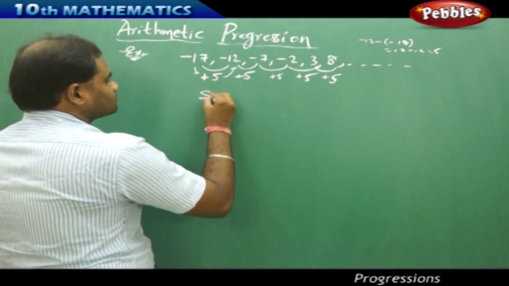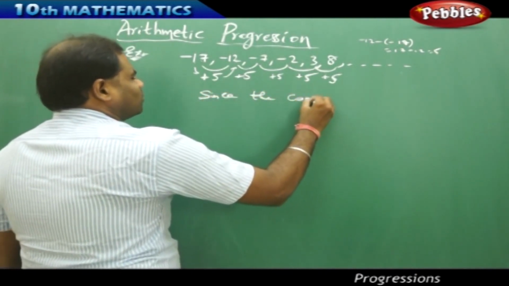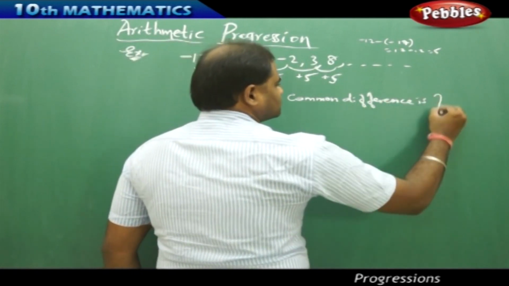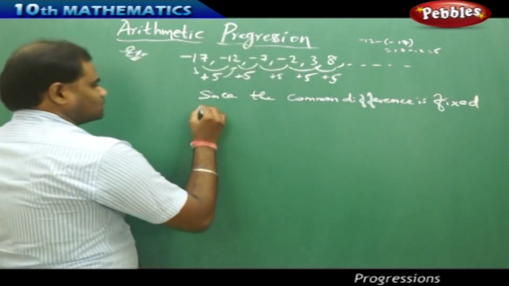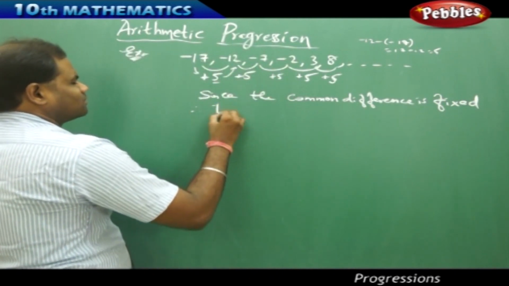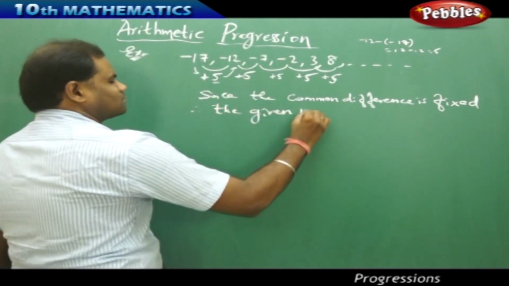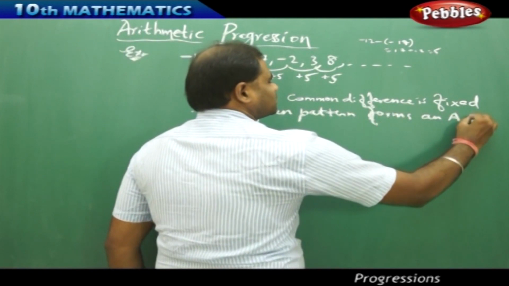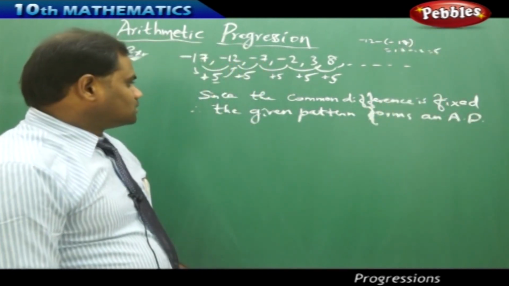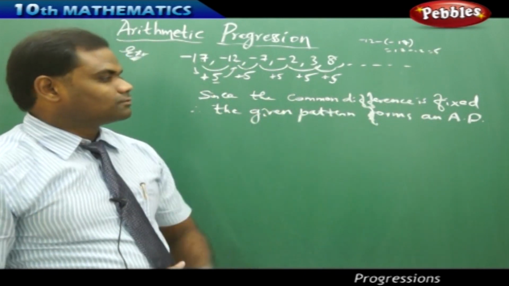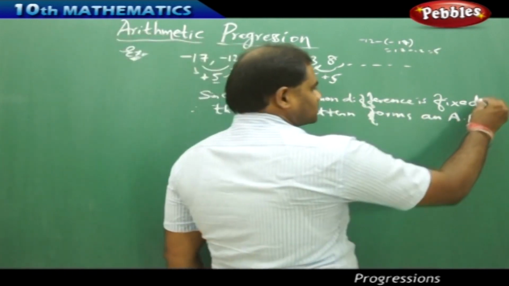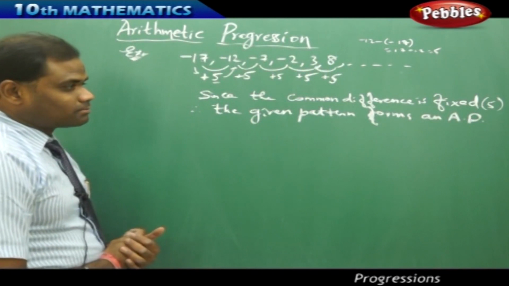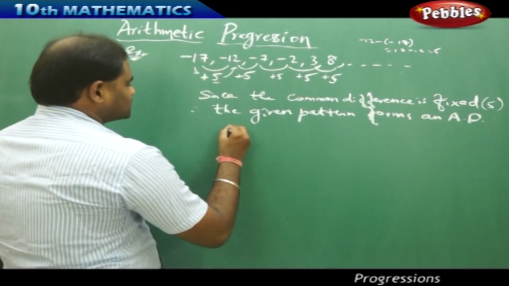Since the common difference is fixed, that is I get 5, the given pattern forms an arithmetic progression, denoted by AP, fixed with the number 5.